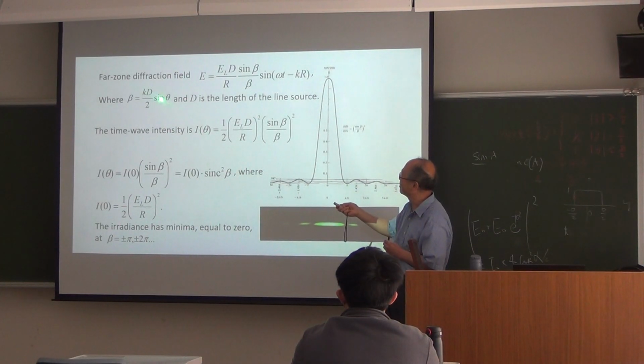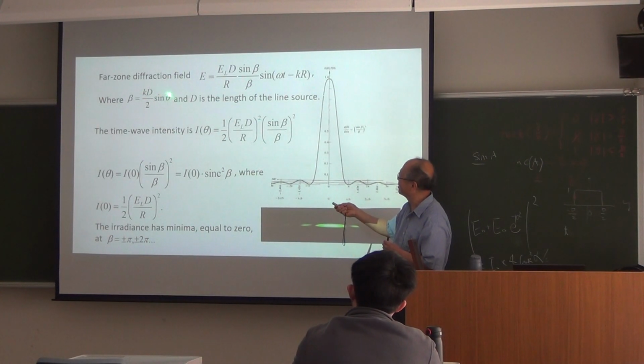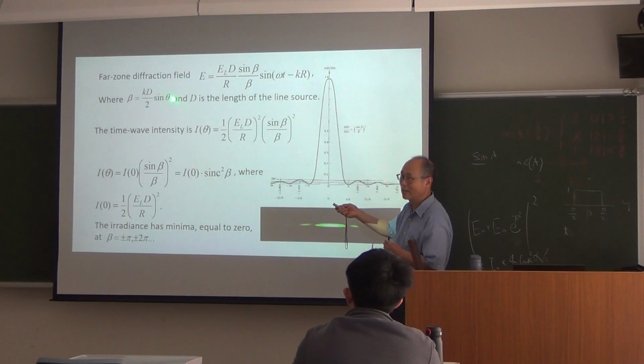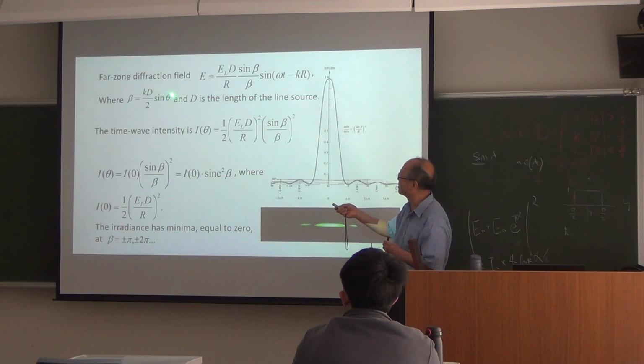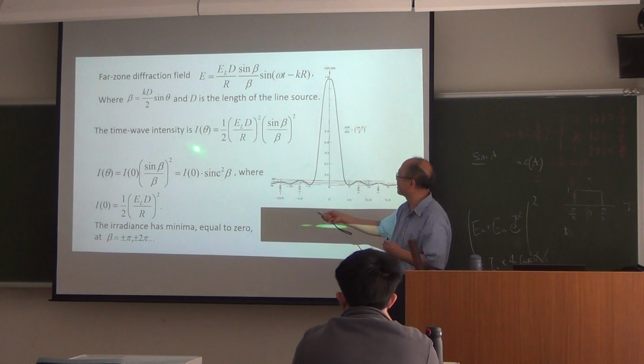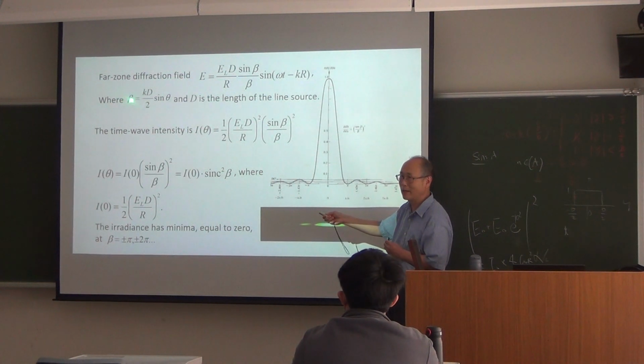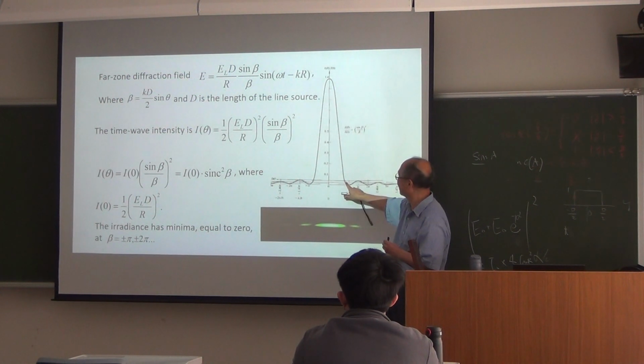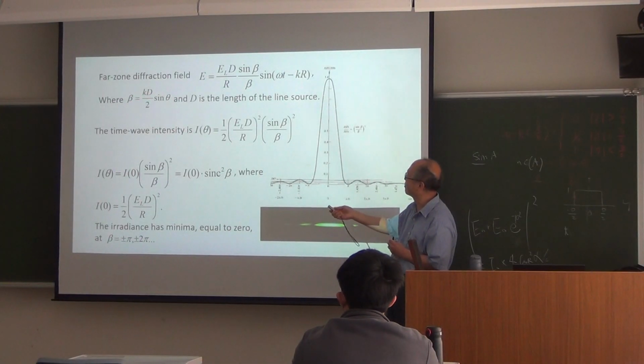So if you increase this, you reduce this. When you reduce this, you increase this. This point is a constant, beta equal to pi. Got it? This point is when beta equals pi.